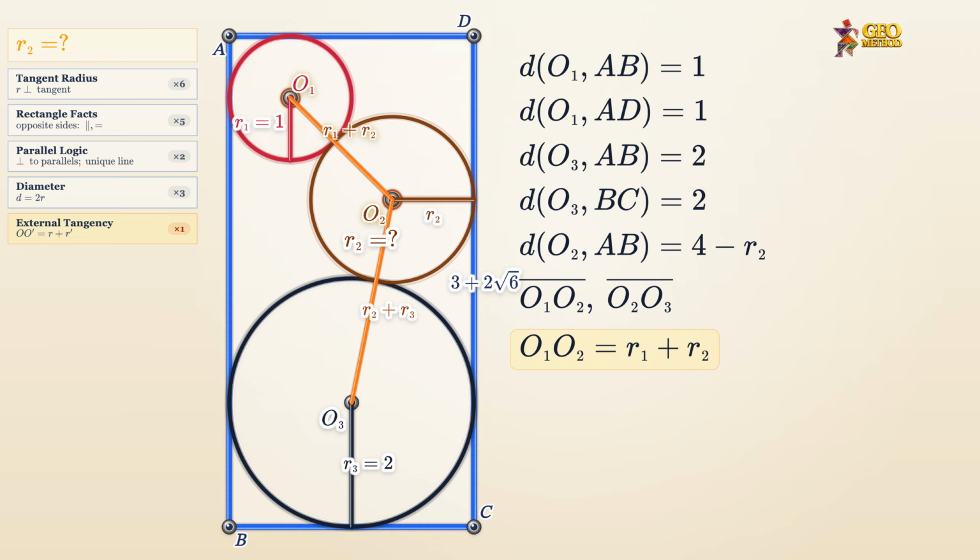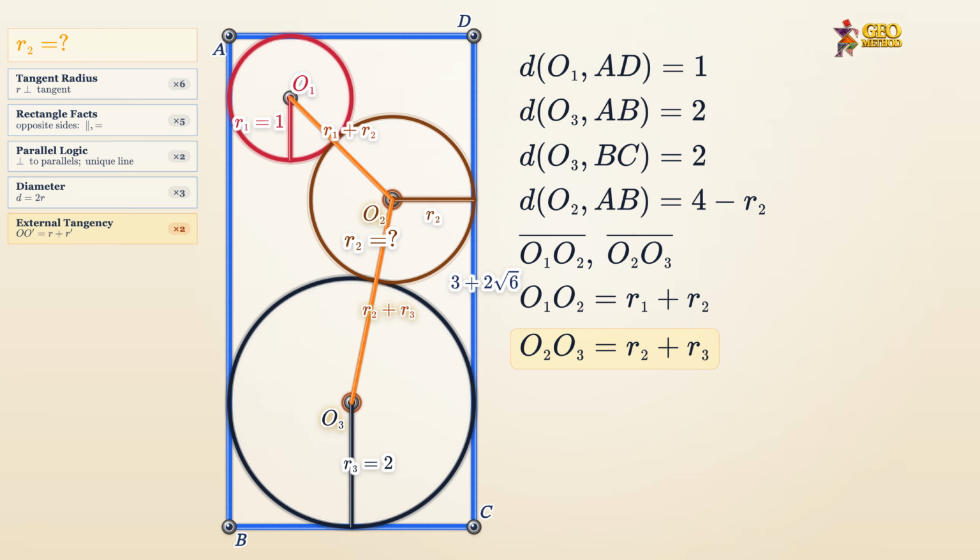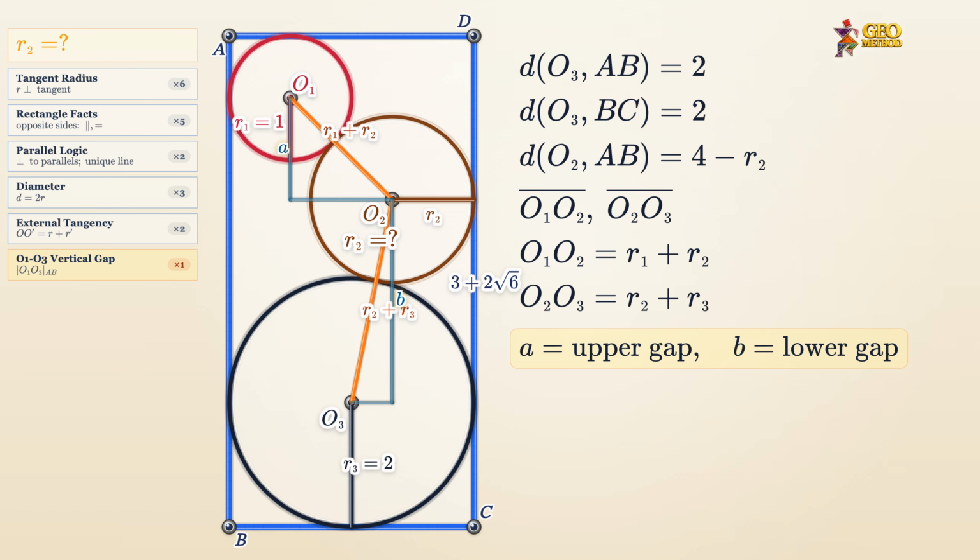Circle 1 and circle 2 touch externally. For externally tangent circles, the distance between centers is the sum of the radii. So O₁O₂ is R1 plus R2. The same tangent circle fact applies to circle 2 and circle 3. Their center distance is R2 plus R3. Now, name the vertical pieces.